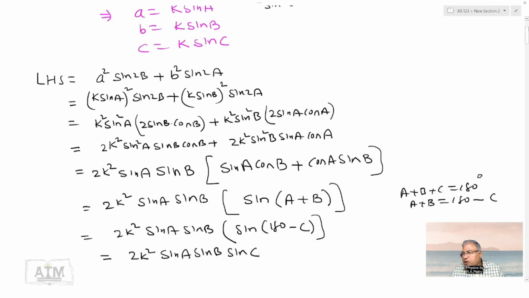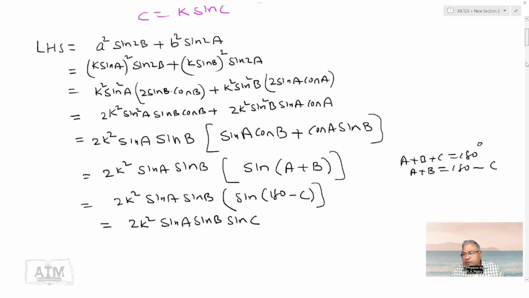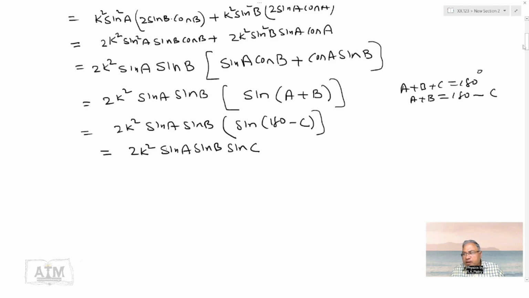Now what you have to prove? You have to prove 2AB sin C. For that, we are going to apply the formula. What is the formula?